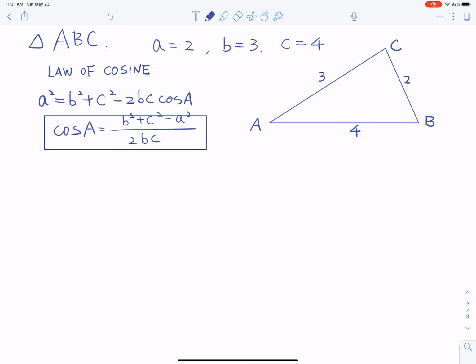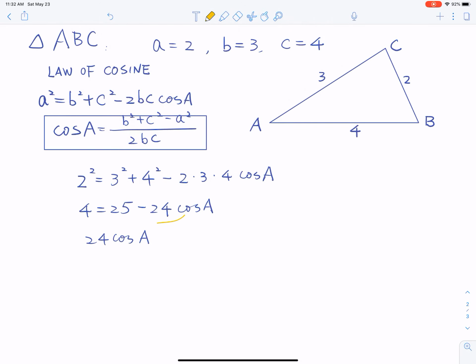A square, A is 2, square, equal to 3 square plus 4 square minus 2 times 3 times 4 cosine A. So 4 equal to 25 minus 24 cosine A. What did I do?